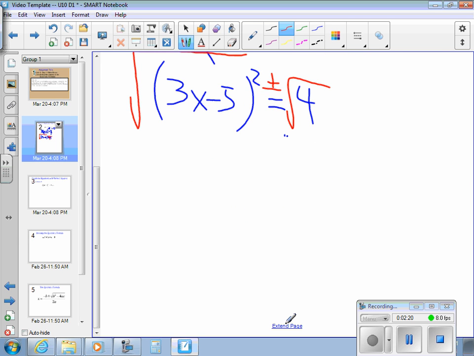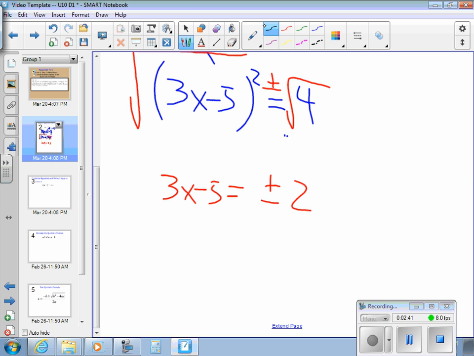So now the square root and the perfect square cancel each other out, so on this side I now have 3x minus 5. And over here the square root of 4 is 2, so it's plus or minus 2.